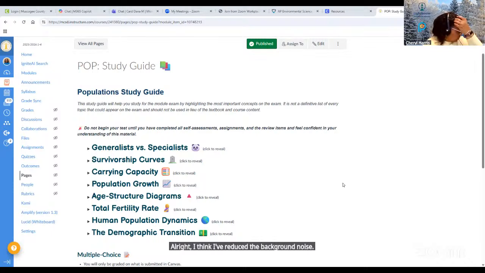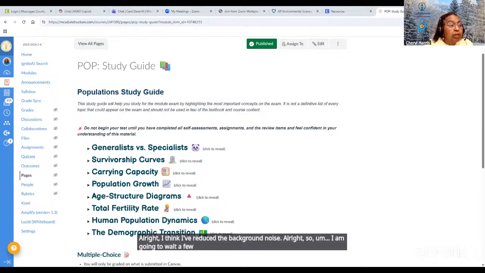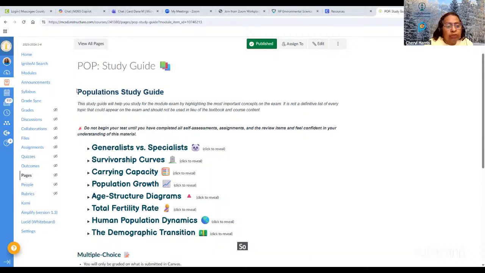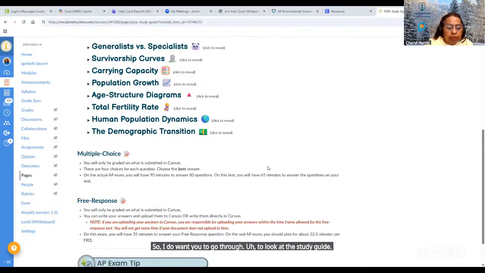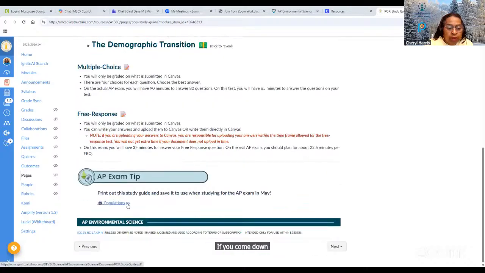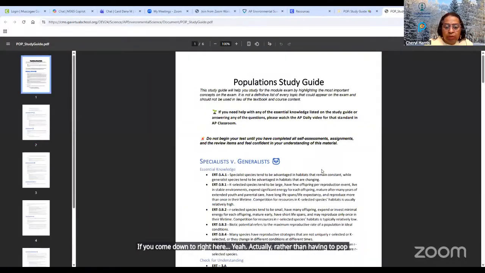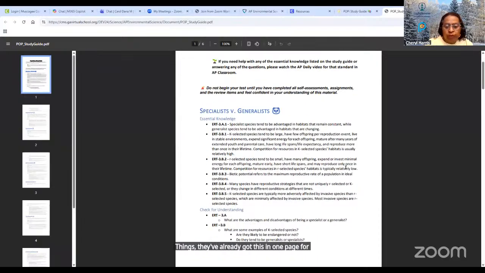All right, so I am going to wait a few more minutes, but we are at the end of the unit. So I do want you to go through and look at the study guide. If you come down to right here, rather than having to pop out all of those things, they've already got this in one page for you to look at.